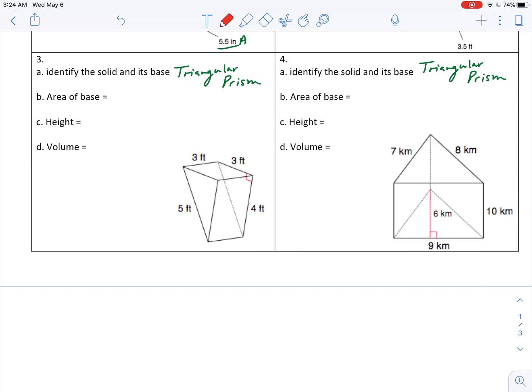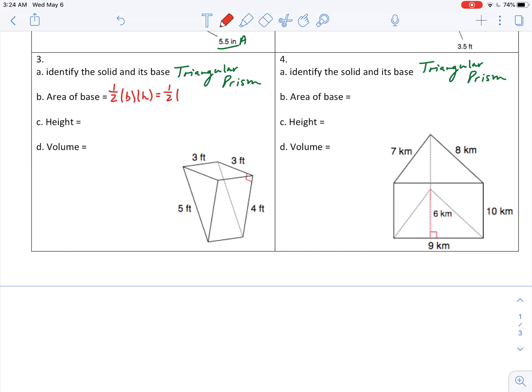When you're finding the area of that base, the height and the base are going to make a right angle. So you need to look for the 2 segment lengths that make a right angle. That's going to be your base and your height of the triangle. So 1/2 base height is your area of a triangle.